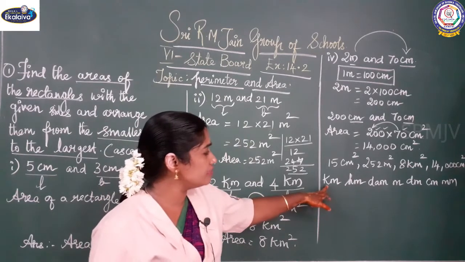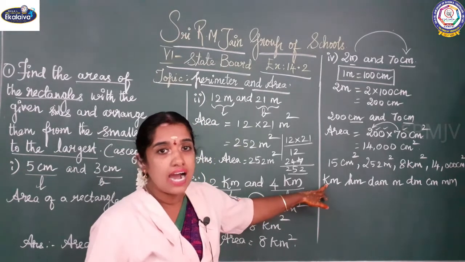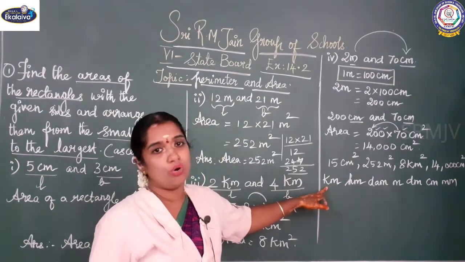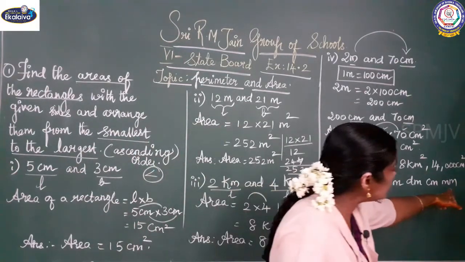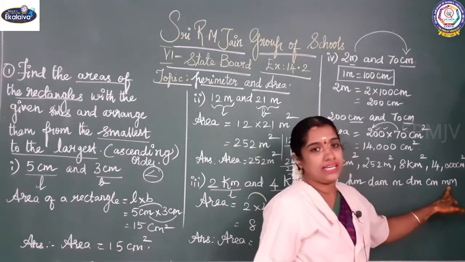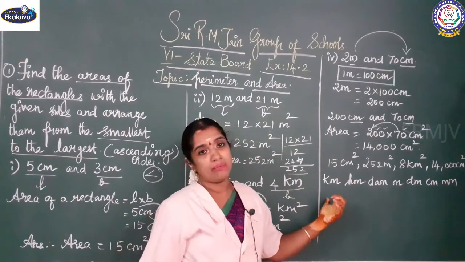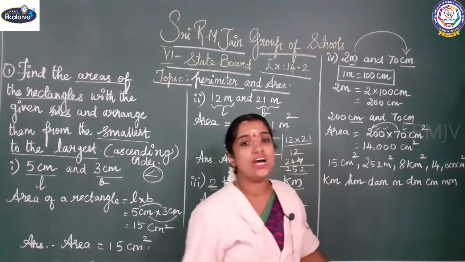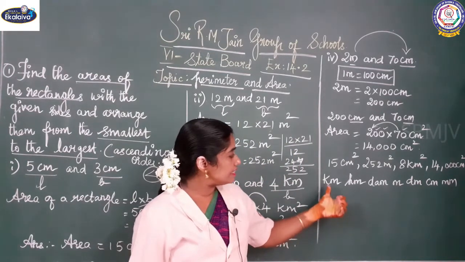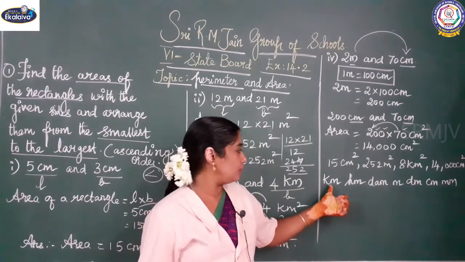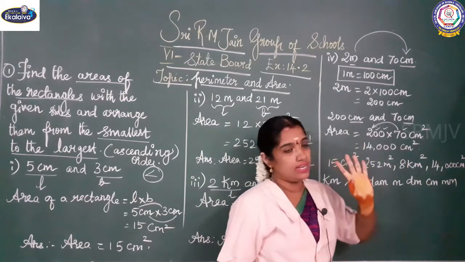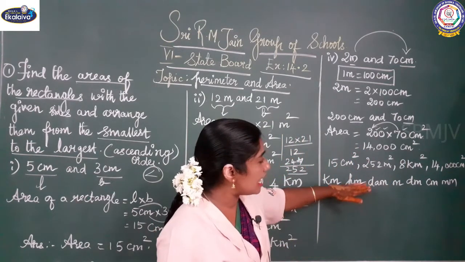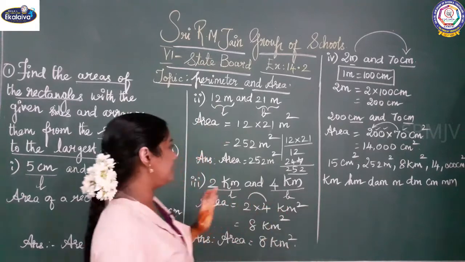See, this is the largest unit, which is what? Kilometer. And the smallest one is what? Millimeter. So kilometer we can measure for the distance, and millimeter you have seen in your scale. Okay, so this is your largest unit, and this is what? Smallest.